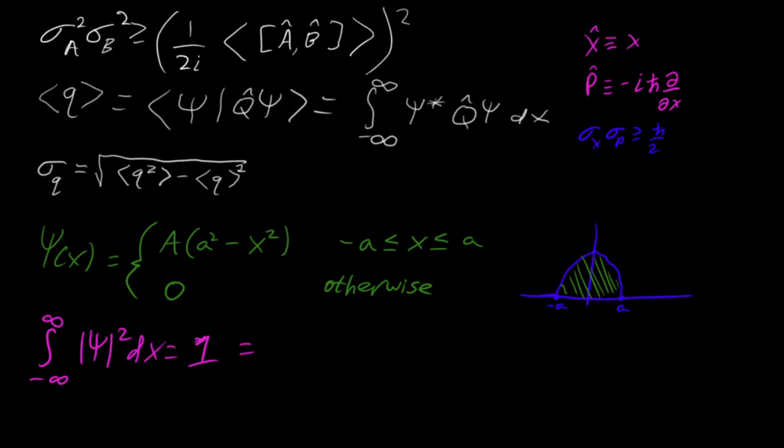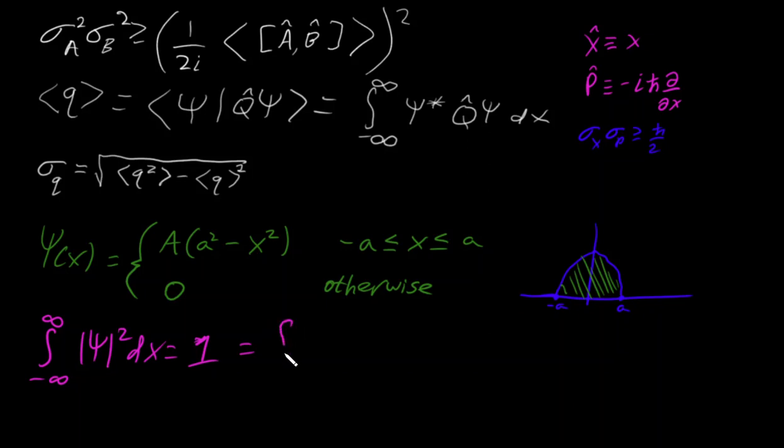I can simplify the bounds because the wave function is 0 outside. We don't have to integrate over those regions, we're just going to get 0. The area from negative infinity to negative a is 0, and this area is 0, so the only area we're counting is in here.